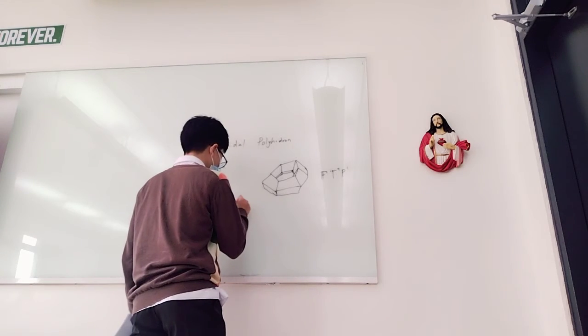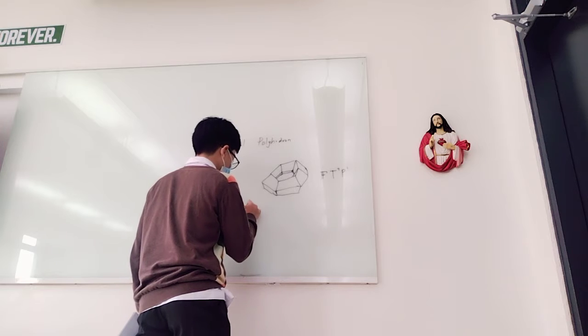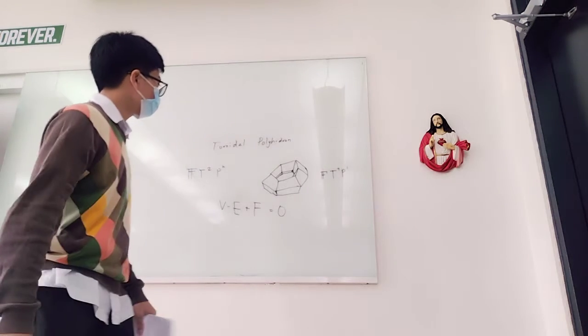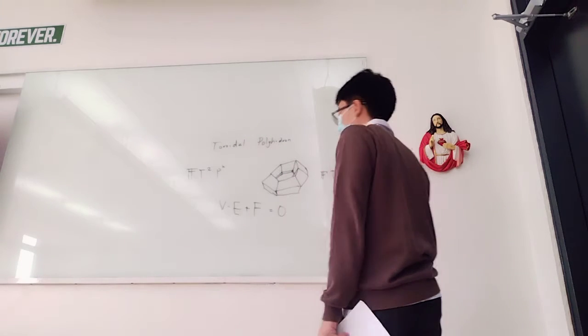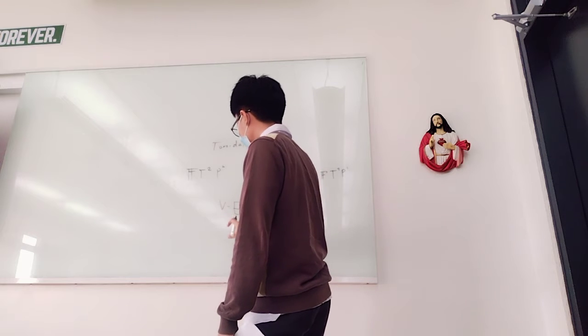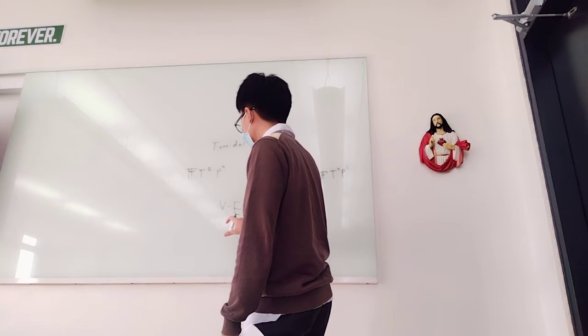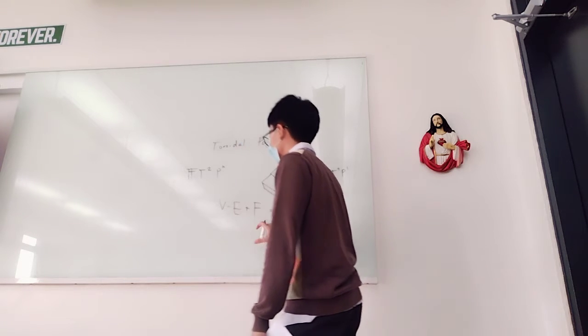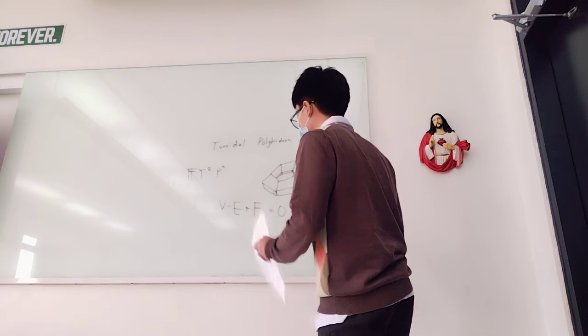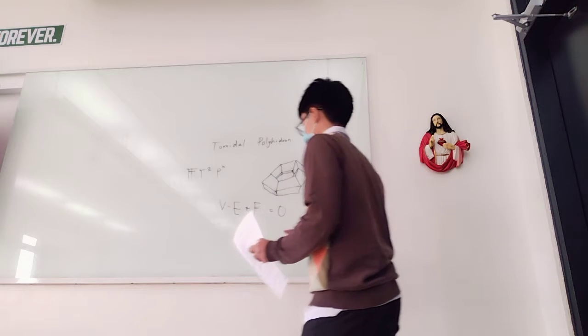It's given by this formula, V minus E plus F, very simple, equals 0. So all 3-dimensional polyhedrons have an Euler characteristic of 0, the vertices minus the edges plus the faces, for all 3-dimensional polyhedrons or polytopes.